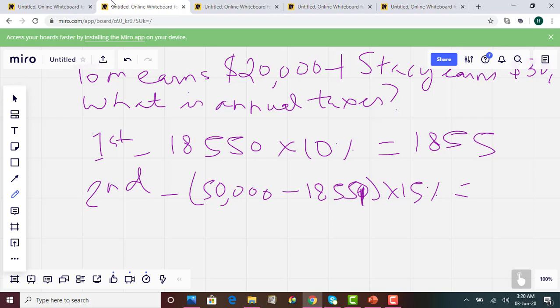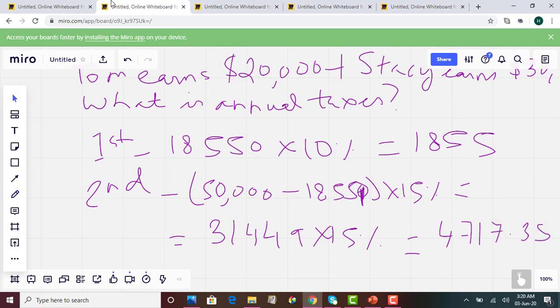So if we look at it, 50,000 minus 18,551 is 31,449, times 15%, which equals 4,717.35.